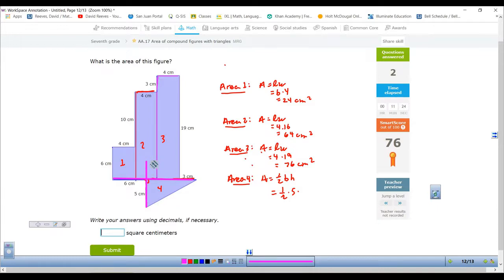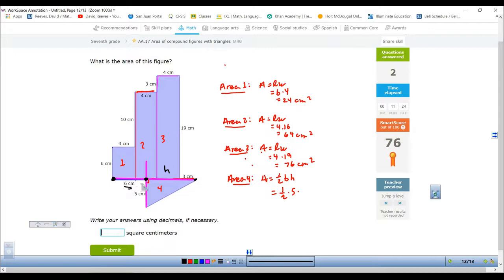I'm going to put a point right here, actually in black. We know between these two black points, it's 6, and between these two black points, that's going to be the height of our triangle. So if we knew what it was all the way across, we'd be in good shape, wouldn't we?